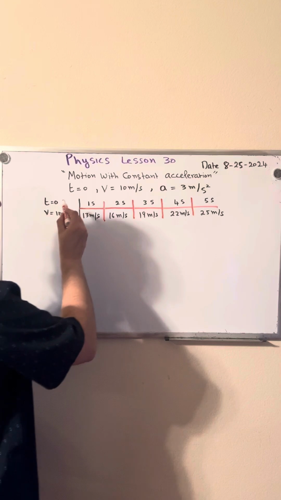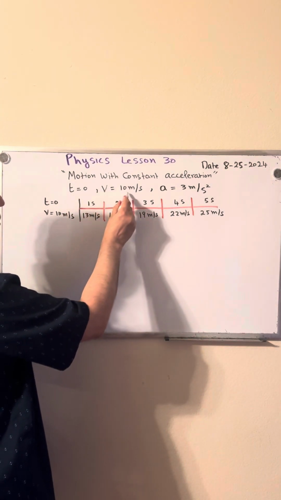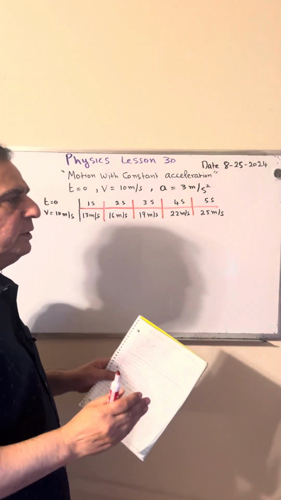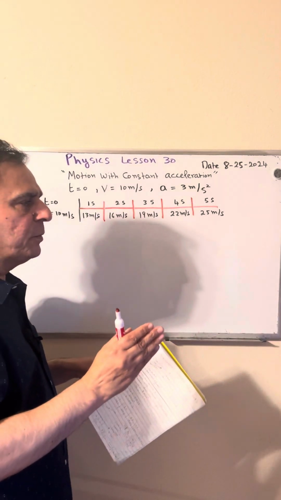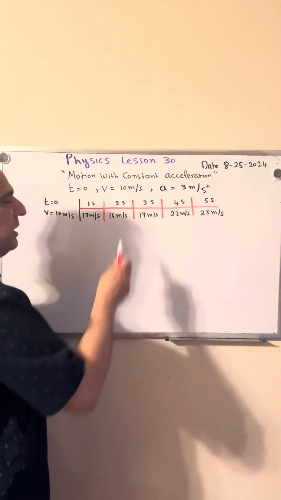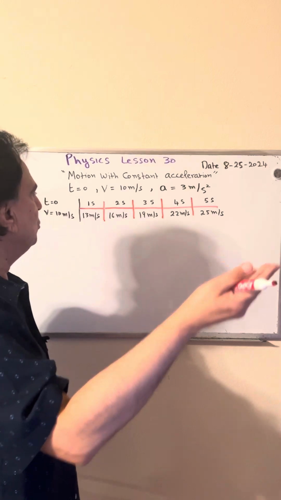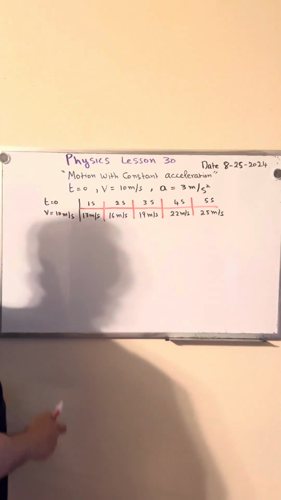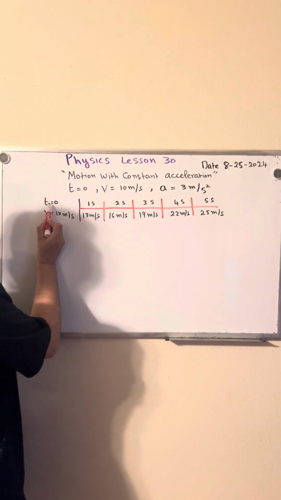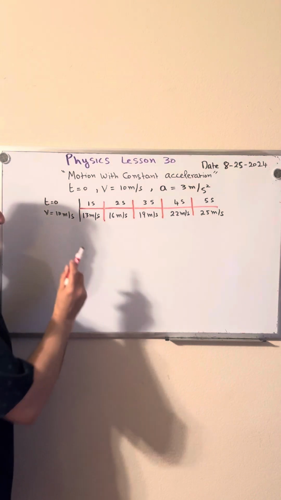So let's say at time 0, your velocity is 10 meters per second. In other words, when you started looking at the car, it was already going 10 meters per second. Acceleration is 3 meters per second square. At time 0, your velocity is 10 meters per second.